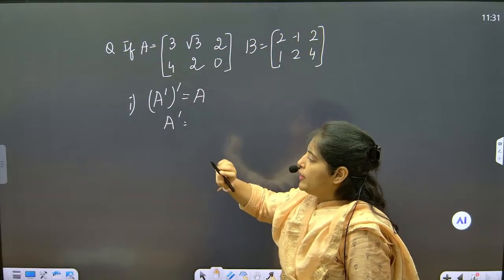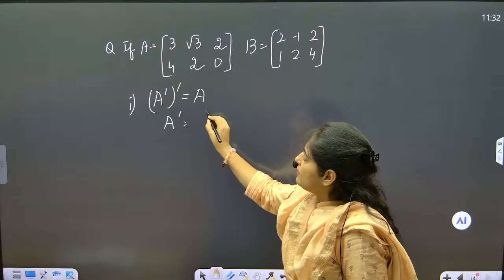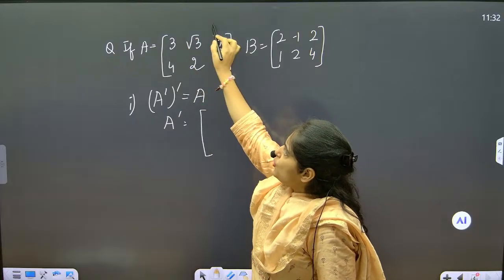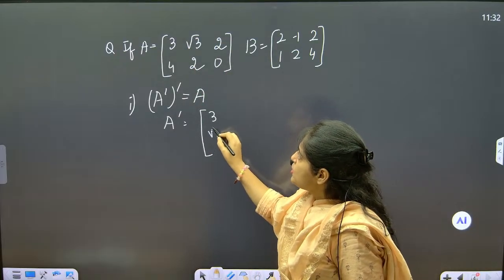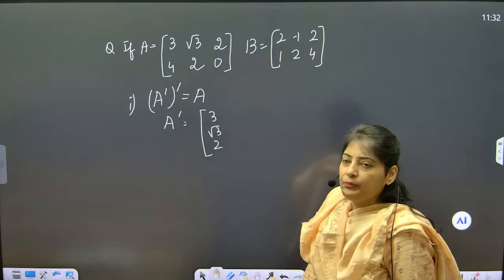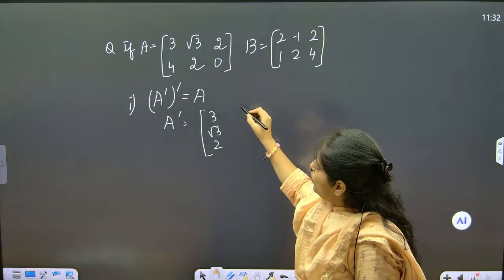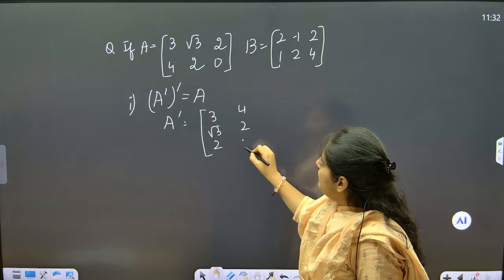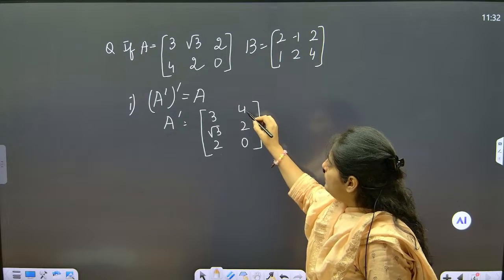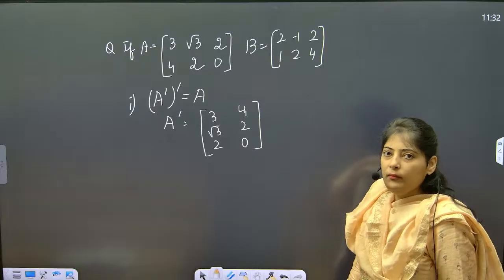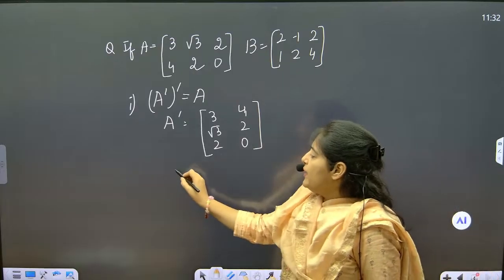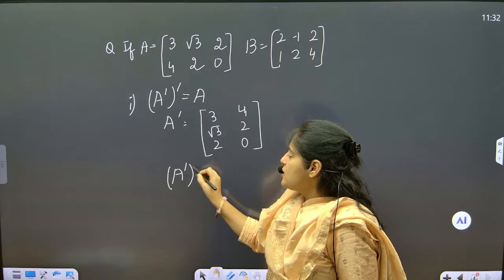First I'm talking about A transpose. A transpose is nothing but first row will become first column. Second row will become second column. Then again we have to talk about its transpose.